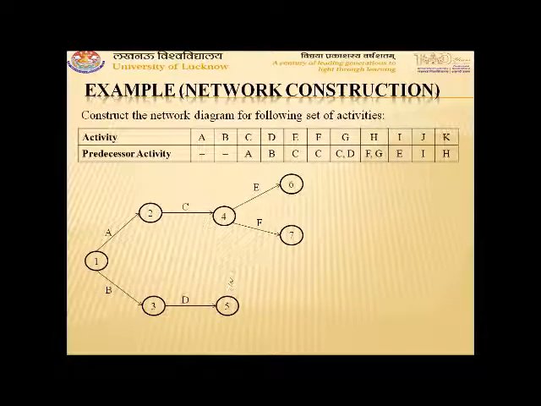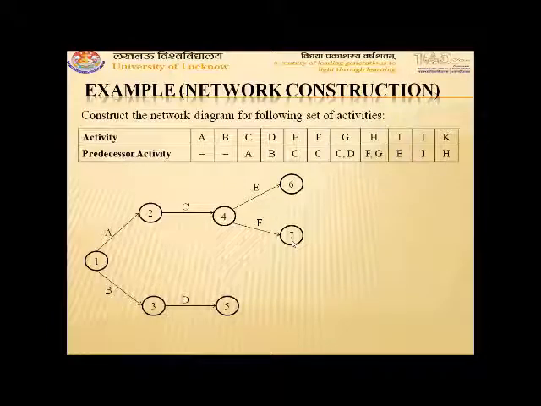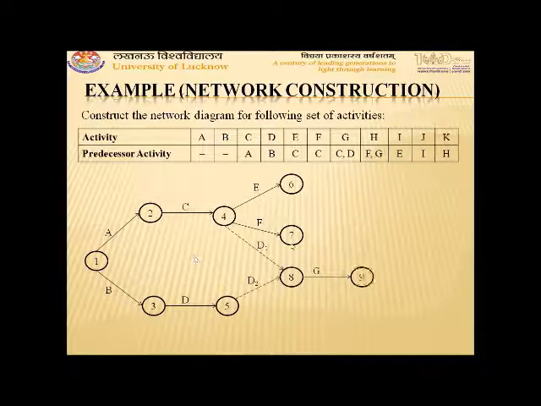But if we join a dummy activity from D to C, then D will also become the predecessor of activities E and F. So first we add two dummy activities, D1 and D2. One is from C and one is from D, and join these at event 8 and draw the next activity G, which ends at event number 9.